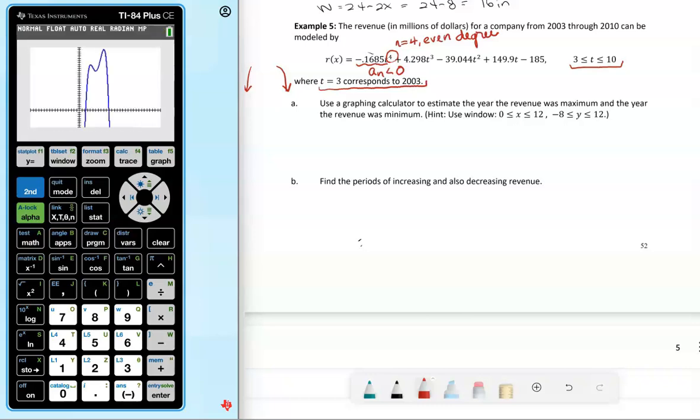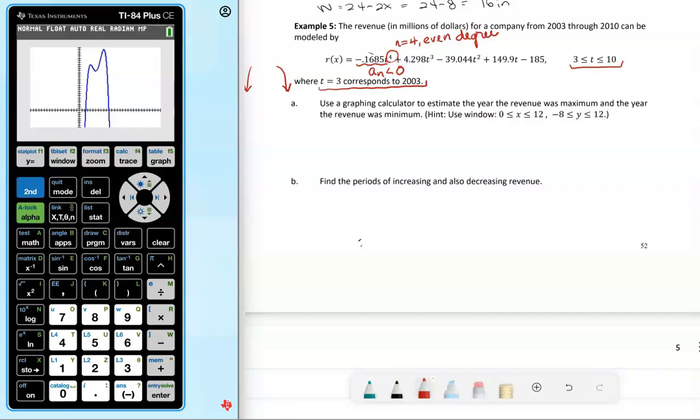Now, right here, this is when our revenue is 0. We're not bringing in any money. And negative revenue does not make sense because we have not yet subtracted out any of the expenses. So we are just looking at this portion of the graph, and we're going to find the year the revenue was a maximum and the year the revenue was a minimum.